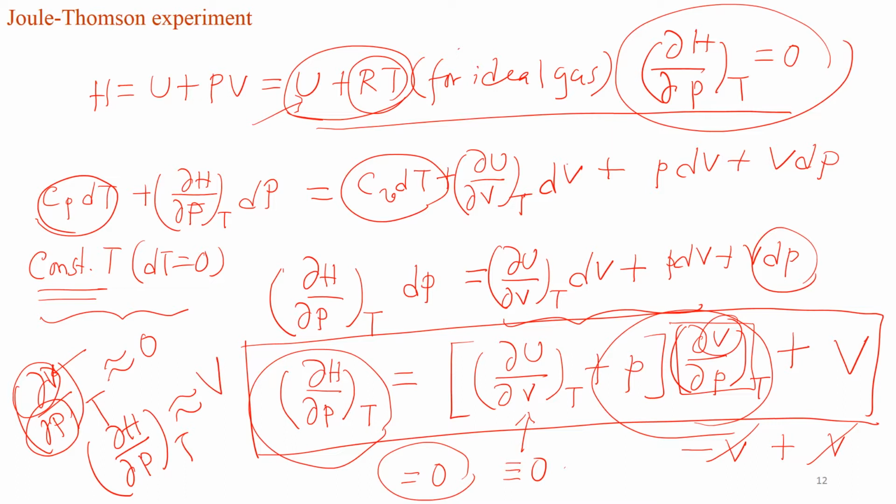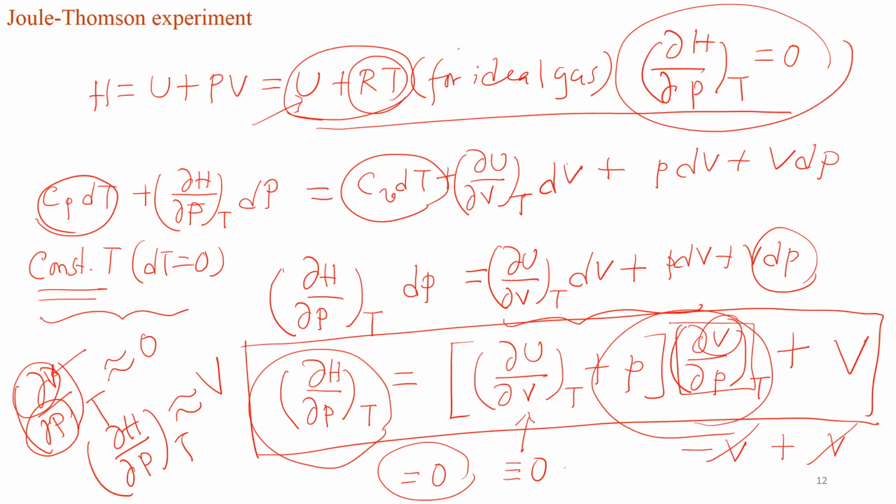Now let us try to understand what the Joule-Thomson experiment is. Already we discussed that for an ideal gas (∂H/∂P)_T is 0. Similarly, we saw earlier that (∂U/∂V)_T is also 0, and there was an experiment which we called Joule's experiment that also showed that (∂U/∂V)_T is 0.